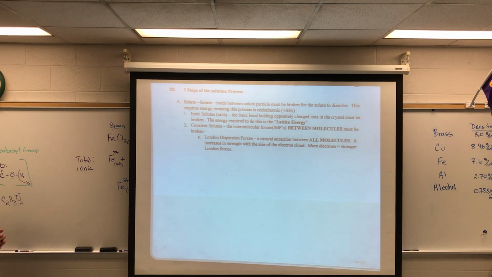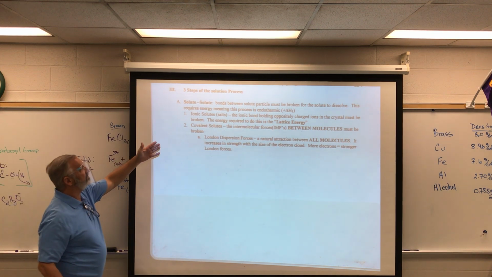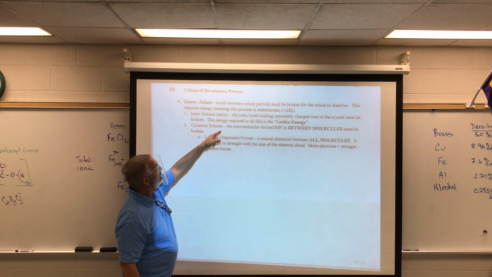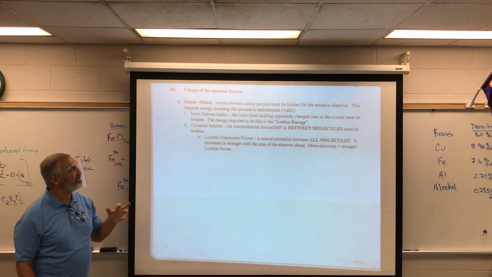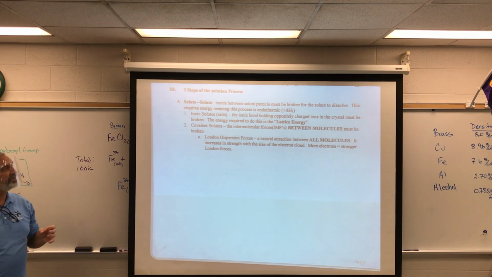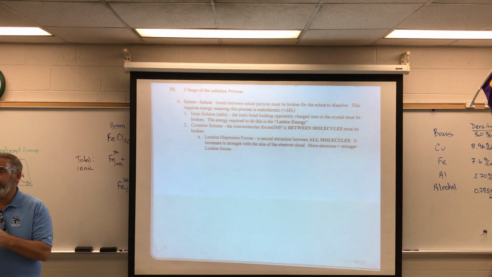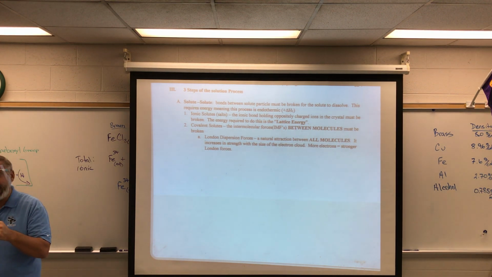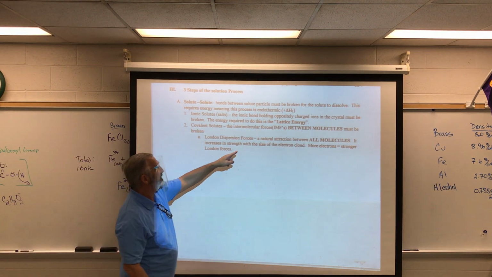Now, we have 2 different types again, ionic solutes, which we call salts. The ionic bond holding the charged ions in the crystal must be broken. The energy to do this, and this is an important term, so when you write this down, highlight it or underline it, do it in all caps: lattice energy.